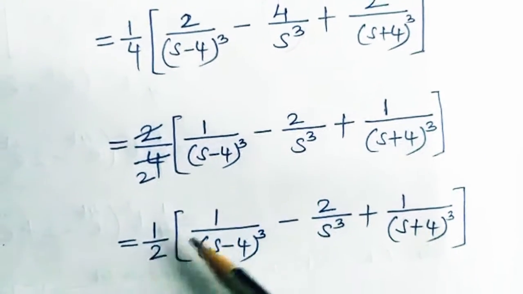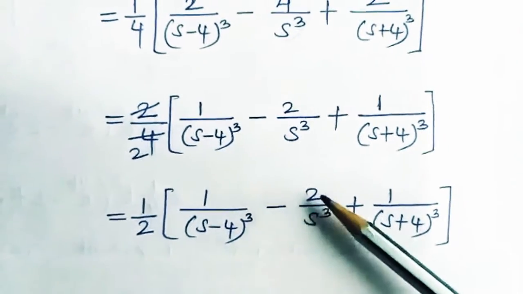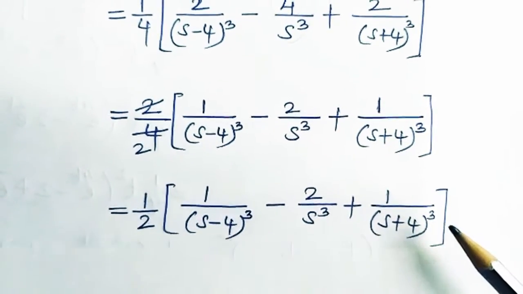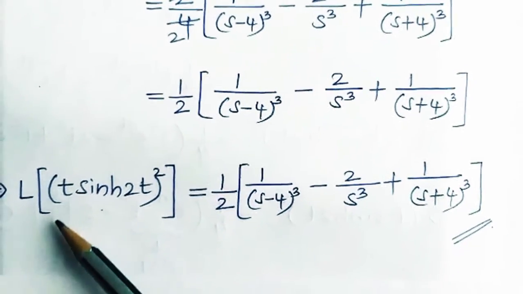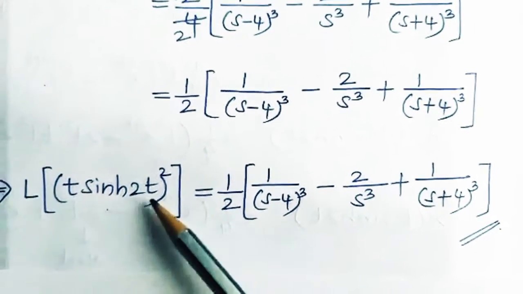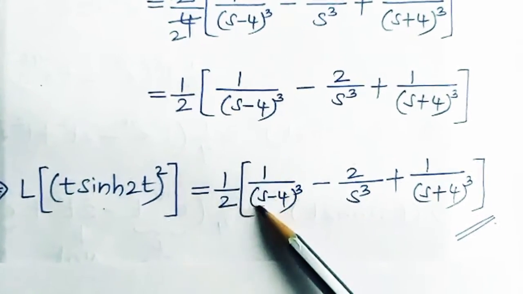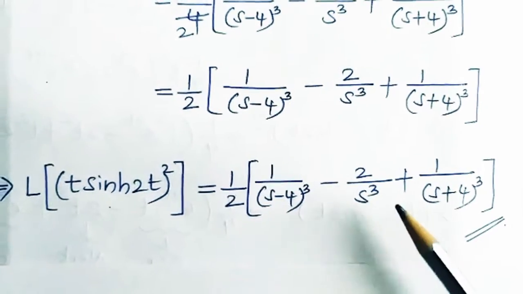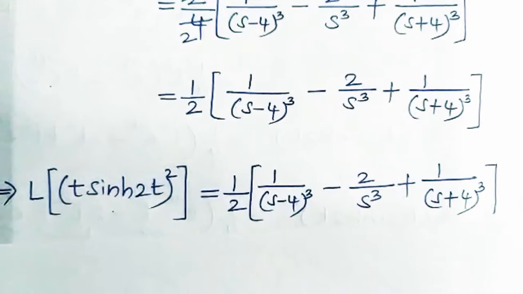It is 1 by 2, 1 divided by (s minus 4) raised to 3 minus 2 by s cube plus 1 divided by (s plus 4) raised to 3. And finally, the Laplace transform of (t sinh 2t) the whole square comes as 1 by 2, 1 divided by (s minus 4) raised to 3 minus 2 divided by s cube plus 1 divided by (s plus 4) raised to 3.